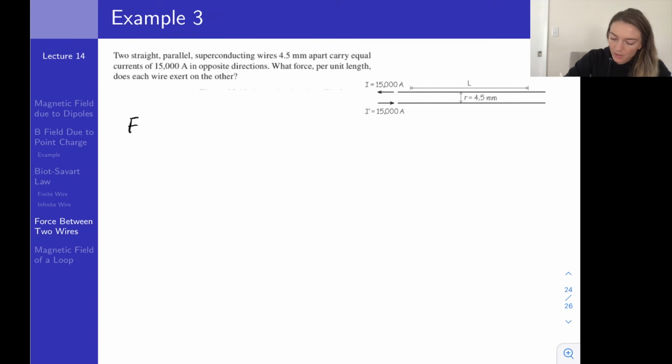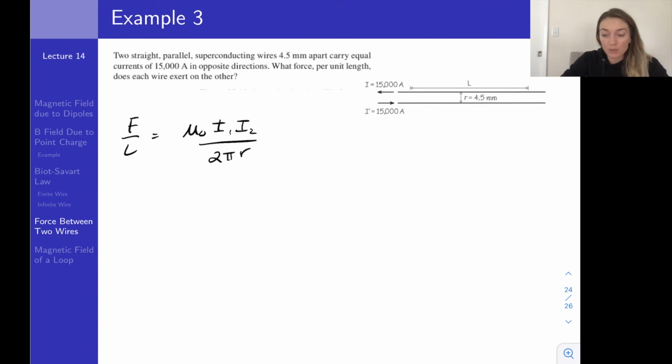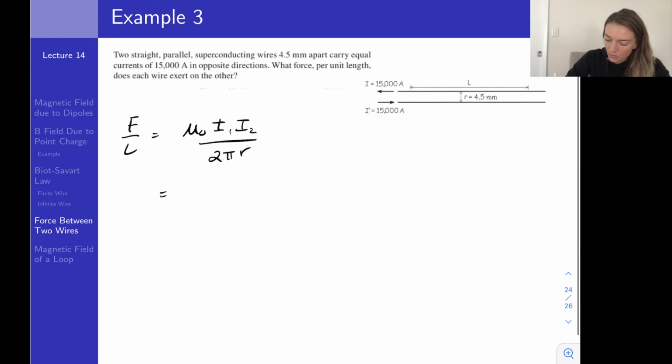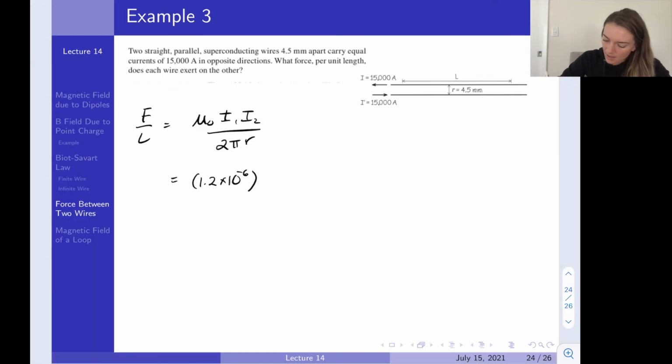So our force per unit length was mu naught I1 I2 over 2 pi, and then the distance between them. So let's just plug in our numbers. Mu naught is, we'll say, 1.2 times 10 to the negative 6. I1 and I2 are both 15,000 amps, so we'll say 15 times 10 to the 3, and 15 times 10 to the 3.